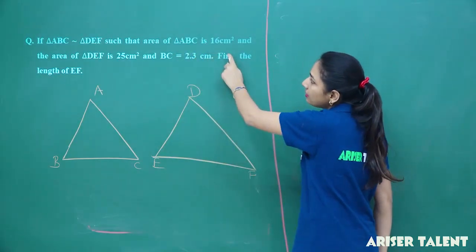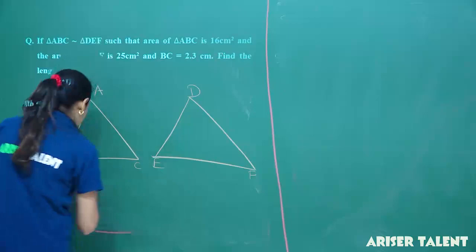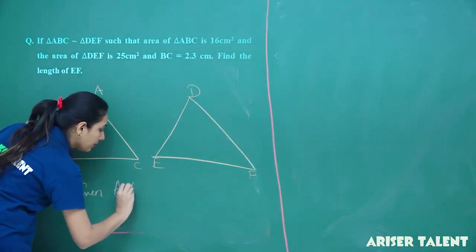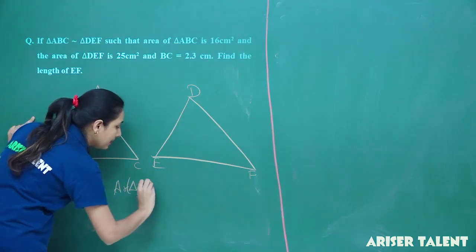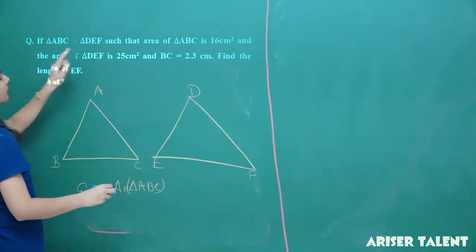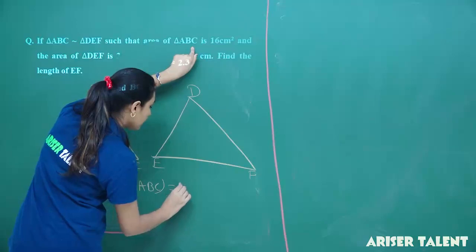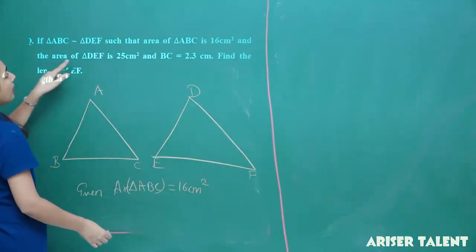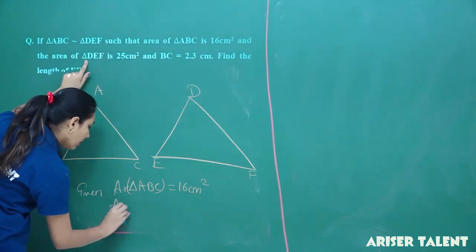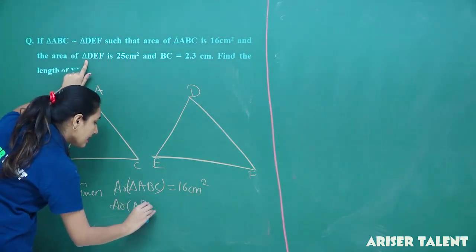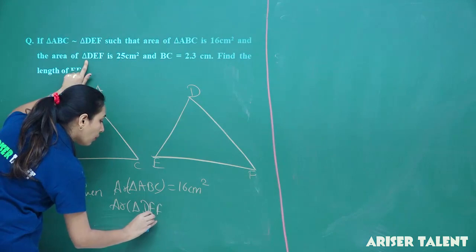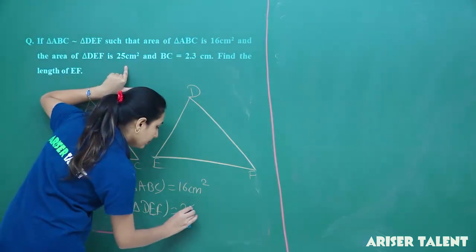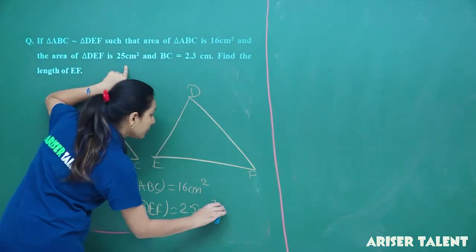So given: area of triangle ABC equals 16 centimeter square, and the area of triangle DEF equals, my dear students, 25 centimeter square, right?